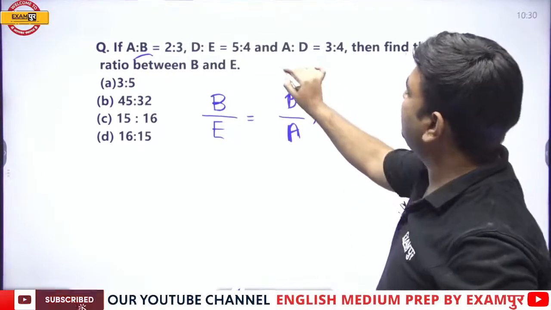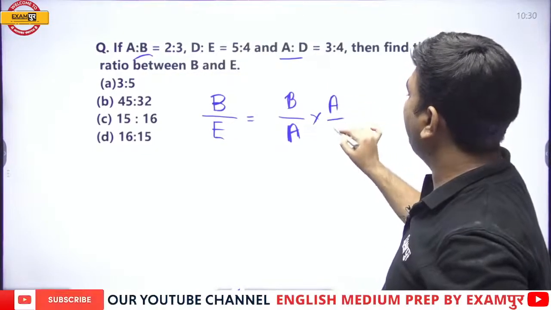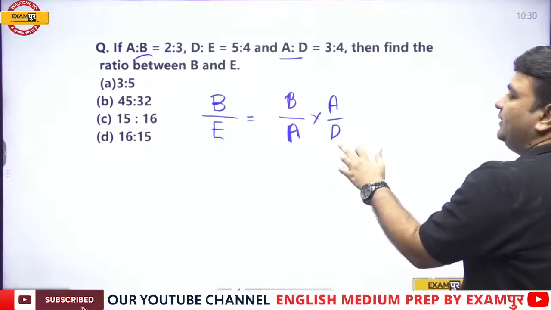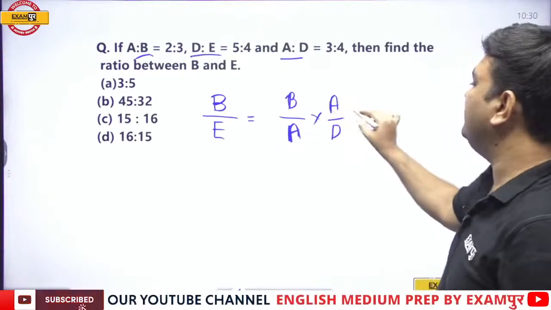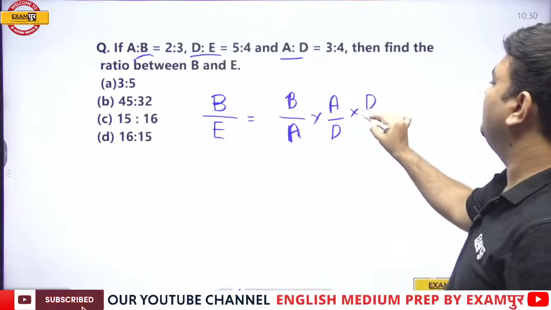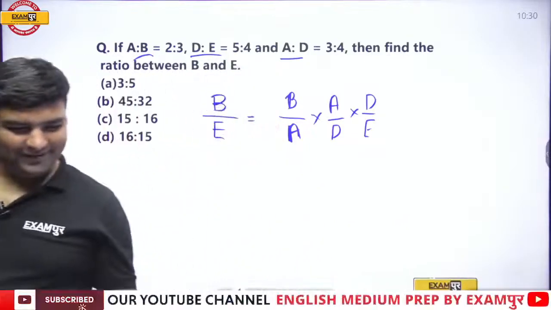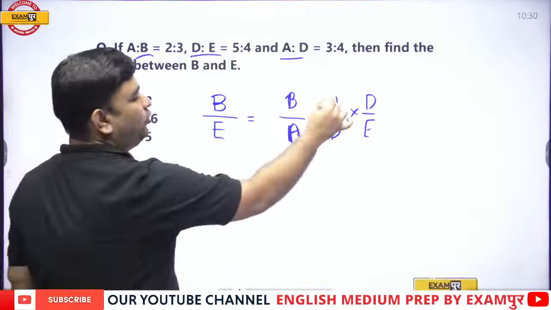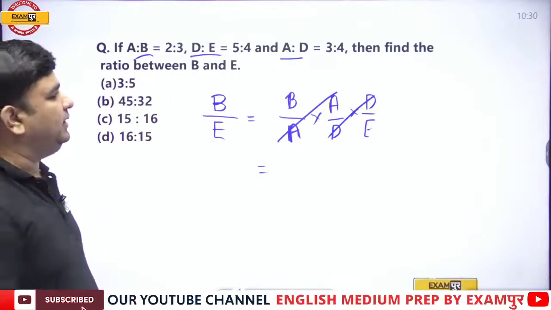For this, A by D is known, so multiply by A by D. Now I need to eliminate D. For eliminating D, D by E is given, into D by E. Wow. Isn't it wow? So you automatically get B by E.